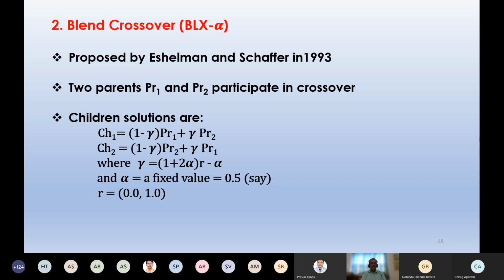They are very famous in the field of genetic algorithm. You might have heard about Schaffer's test function. Whenever we propose something new, some new non-traditional optimization algorithm, or a modified version of genetic algorithm, we take the help of some test functions to test its performance.